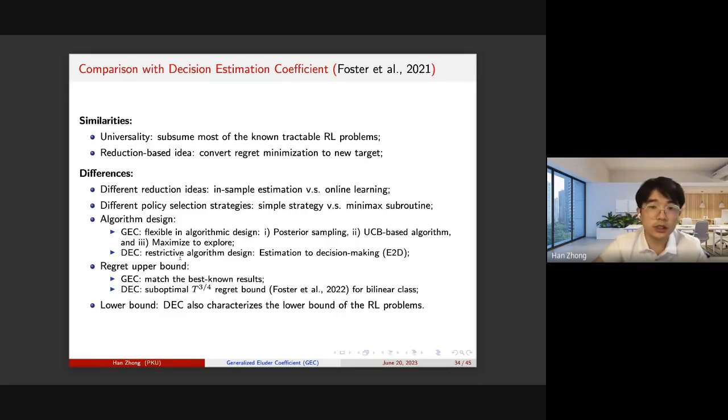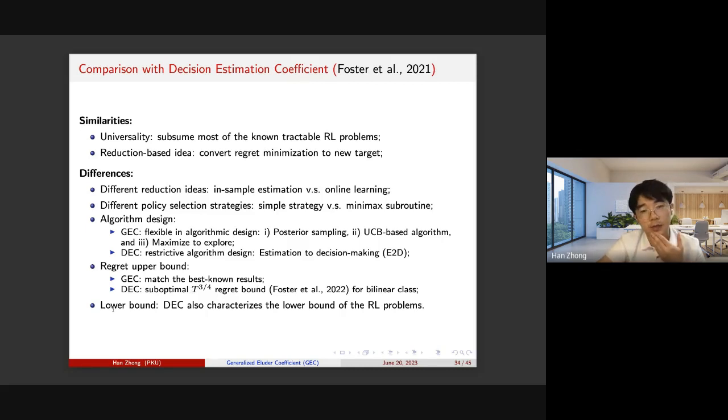But for the DEC, it seems restrictive, only having the E2D algorithm. And for regret bounds, GEC can match the best known results for the bilinear class and the Bellman-Eluder dimension. DEC only has a suboptimal regret for the bilinear class.